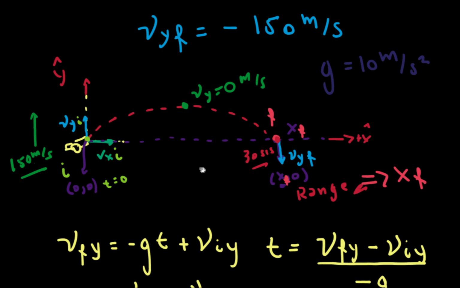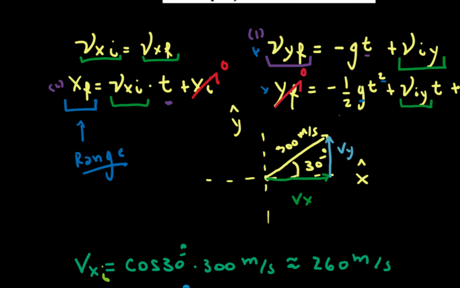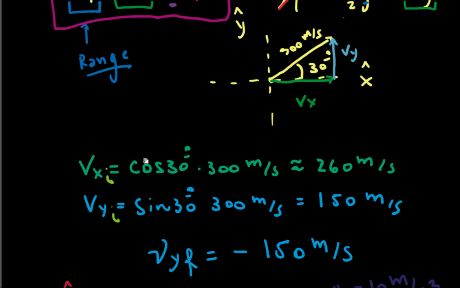But now that we have this 30 seconds, all that's left is to apply this equation. And it becomes more or less one of your early homework problems, where you have a speed, Vxi, which is 260 meters per second, and that travels for 30 seconds at that speed, and so that tells me what xf is, which is what the range is. So let's go ahead.